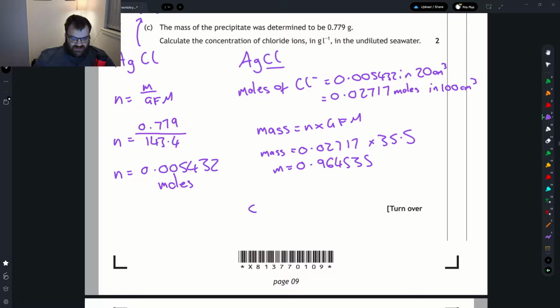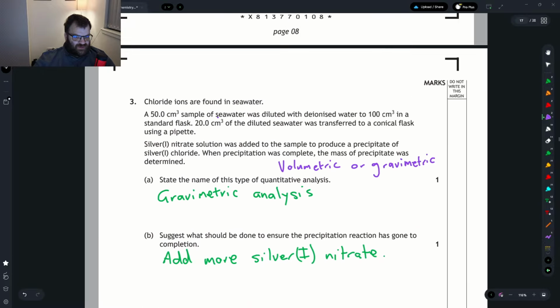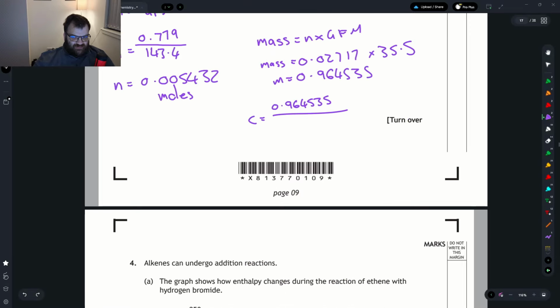When we're trying to do concentration, for this one, we're doing it mass per litre. So we take our mass, and we divide it by the volume of undiluted seawater, which is our 50 centimetres cubed. Turn that into 0.05.